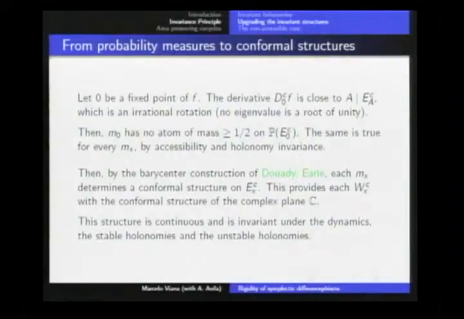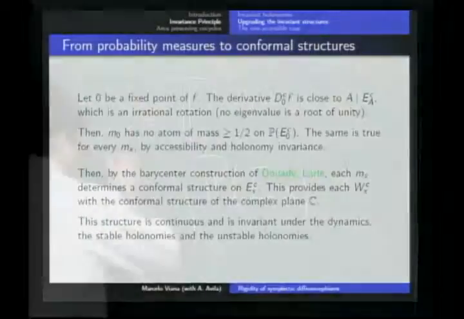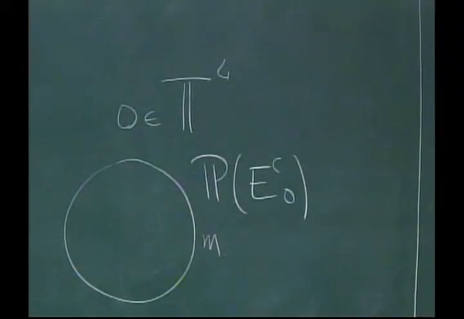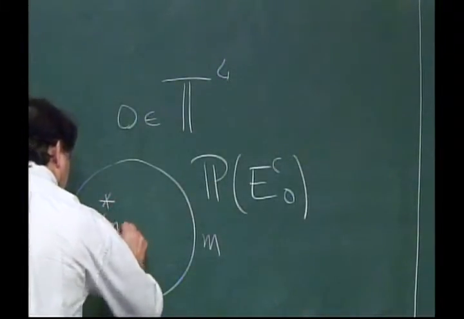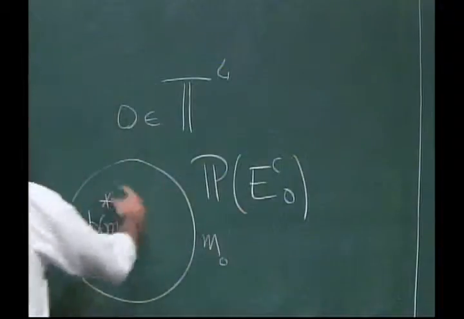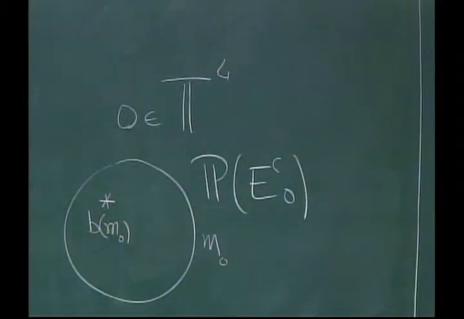Now, the nice thing is that when you have a circle, and this is a beautiful lemma of Douady and Earle, if you have a measure on the circle and it has no atoms of mass bigger than 1/2, then it has a well-defined barycenter, the barycenter of the measure, which is a complex number inside the unit disk.